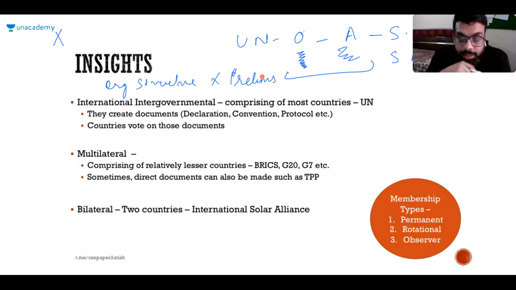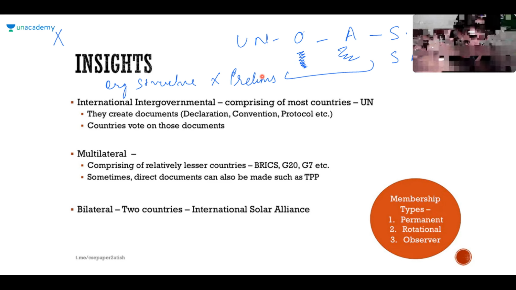It doesn't exist anymore. Now, within these organs, there are agencies and sub-agencies. So, for example, you would have the Narcotic Drugs Commission under the Economic and Social Council, a specialized agency such as the International Labour Organization, which is, again, under the Economic and Social Council. So these are sub-agencies.